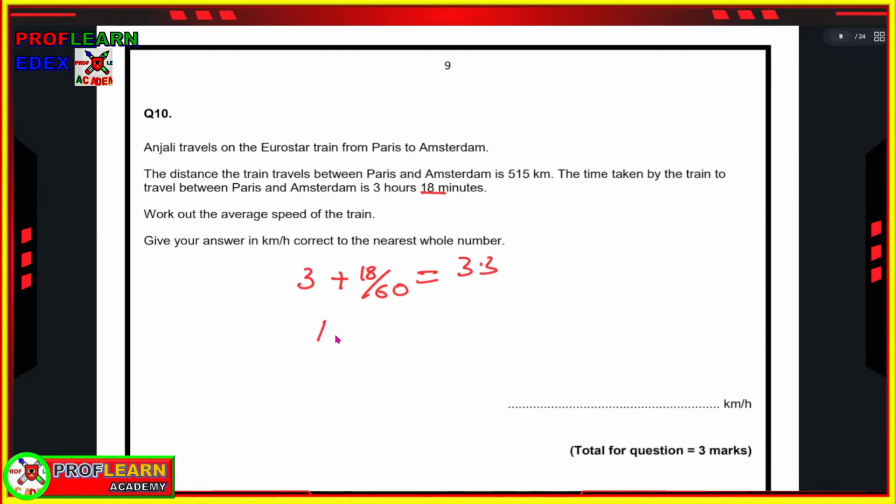So average speed is going to be 515 divided by 3.3. Once I'm done, I'll check to see what the answer is. 156 kilometer per hour. Well done.